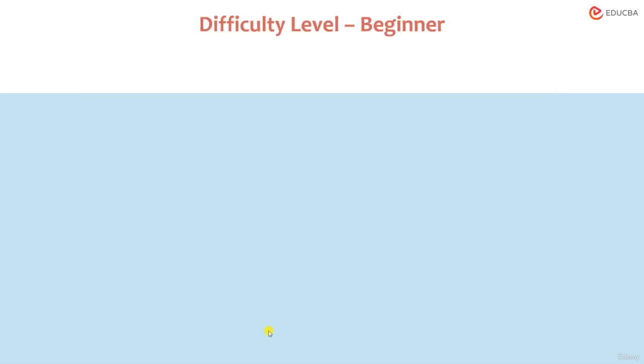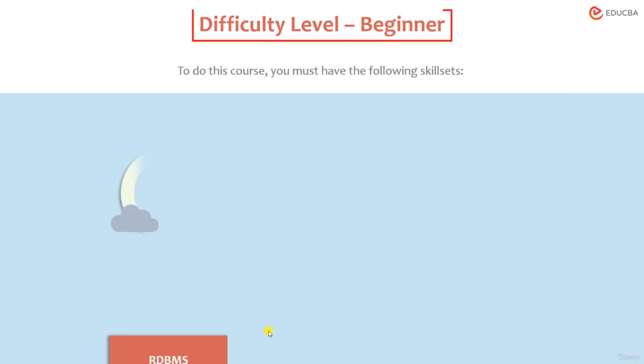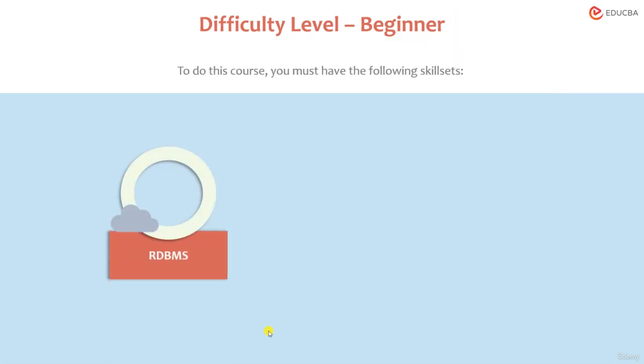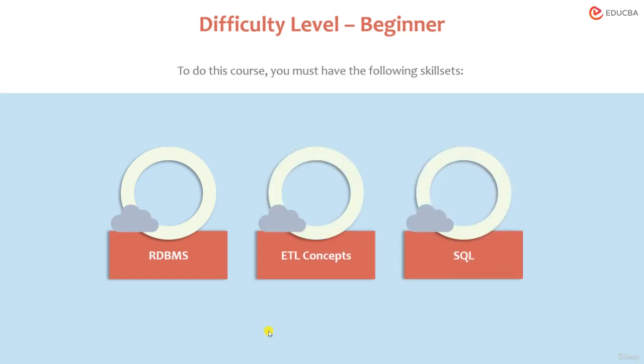Let's begin. As we said, this is beginner level difficulty, and we must have the following skill sets to make our training more efficient. Starting with RDBMS, a basic knowledge of relational database management systems. How do we store data in relational database management systems, and what kind of structure, let's say the table, and what kind of data can be stored in the table, that is the structured data.